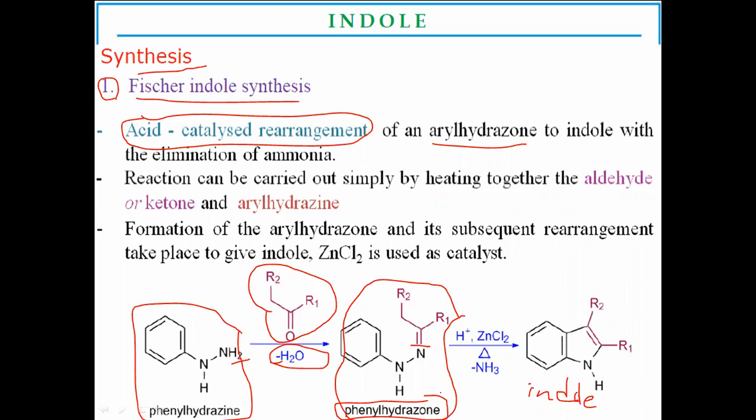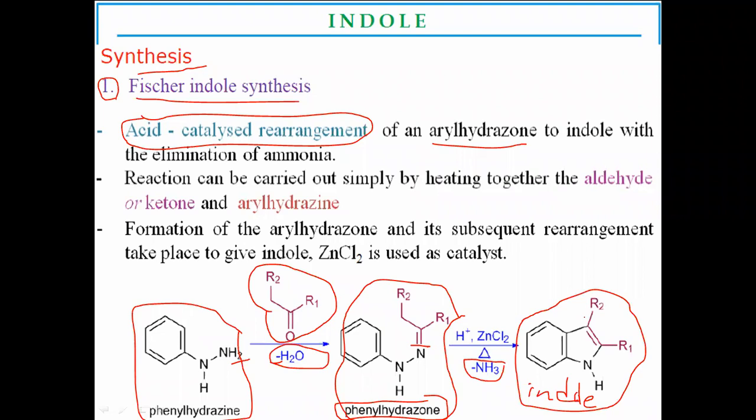This zinc chloride acts as a catalyst, with elimination of one molecule of ammonia to give the cyclized product, that is a benzofused heterocyclic compound, benzopyrrole, whose common name is indole. In this way you have to prepare it by Fischer indole synthesis.